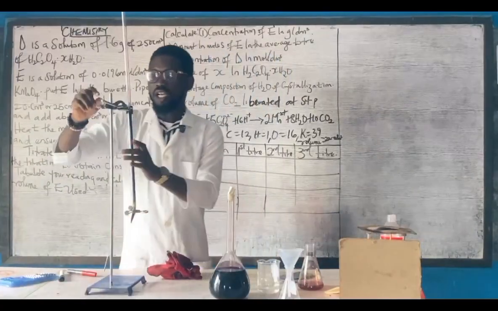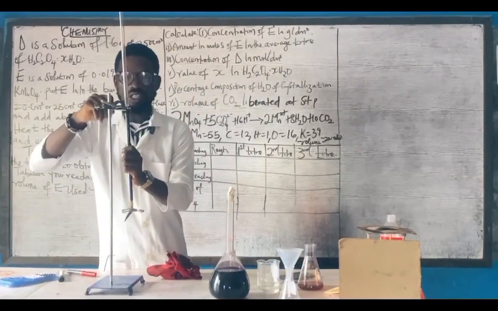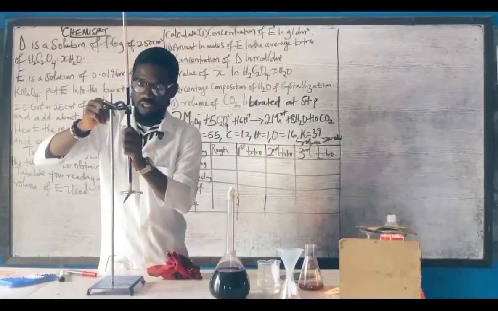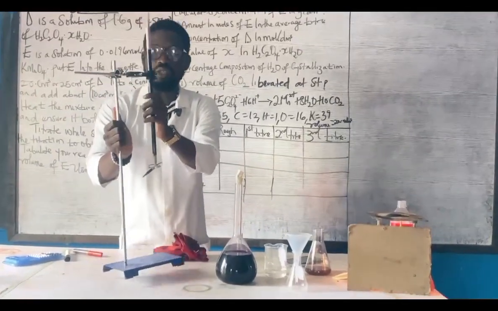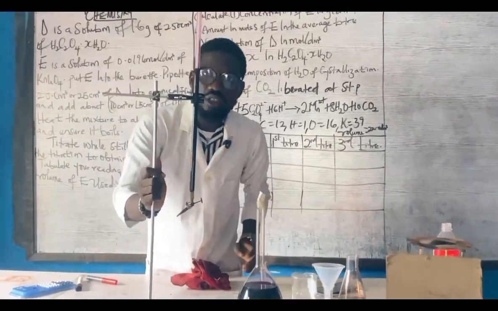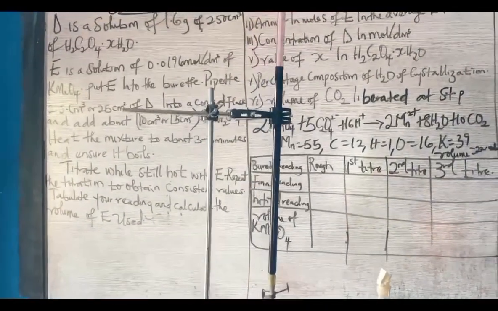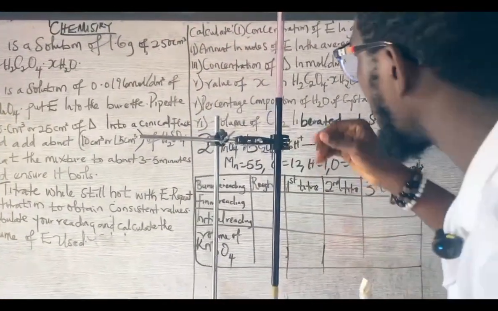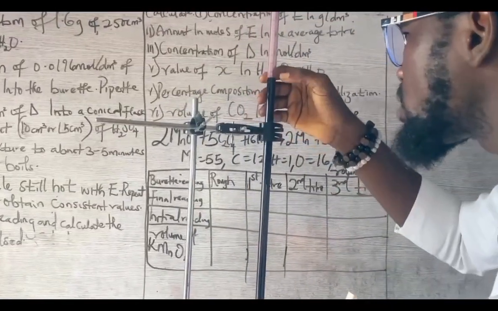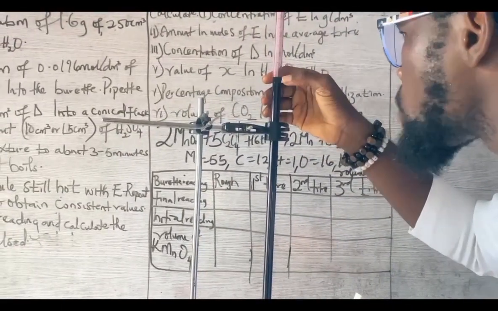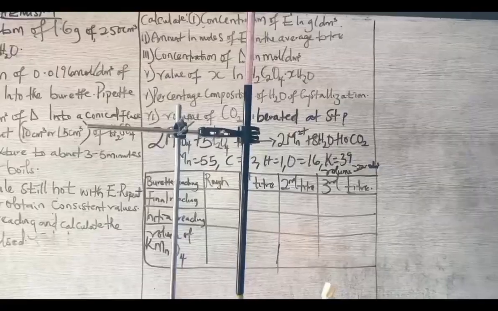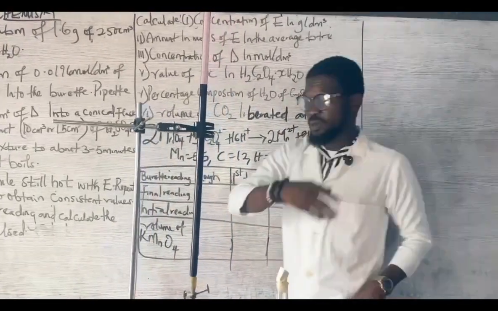Please, can you bring the camera closer, so we can see what we have here. Bring it closer, please, so you can see the burette readings. I think we are having 25.60. So we can place this back, please.